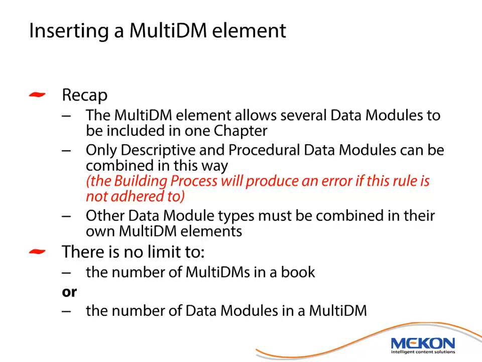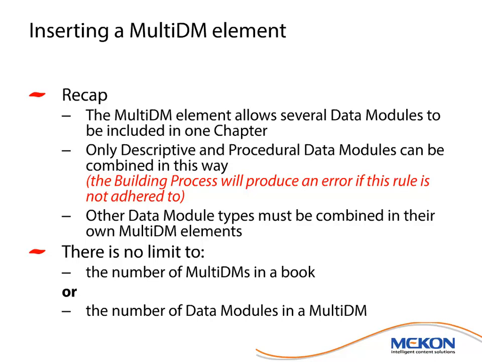You can only have descriptive and procedural data modules combined in a single MultiDM chapter. But that's not, generally speaking, a limitation, because when you consider how things are put together, you're likely to have a series of, say, schedules or a series of procedural data modules in one chapter. You're not likely to have an IPD or schedule trying to combine those in one.